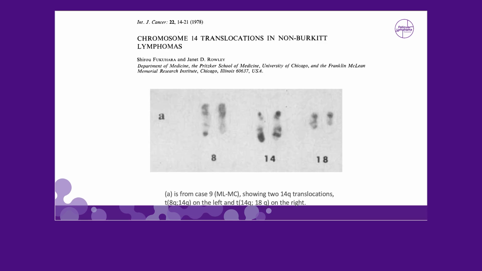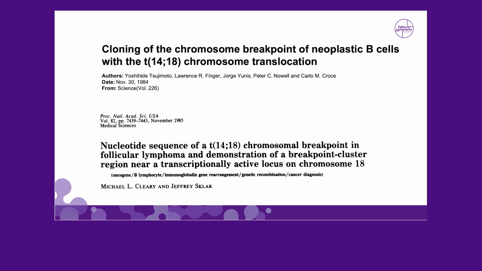Going back to what we believe is the first step towards follicular lymphoma in the majority of cases, which is the 14-18 translocation. It was described for the first time by the famous Janet Rowley. She described a lymphoma cell with 2 translocations, the 8-14 and the 14-18 translocation.